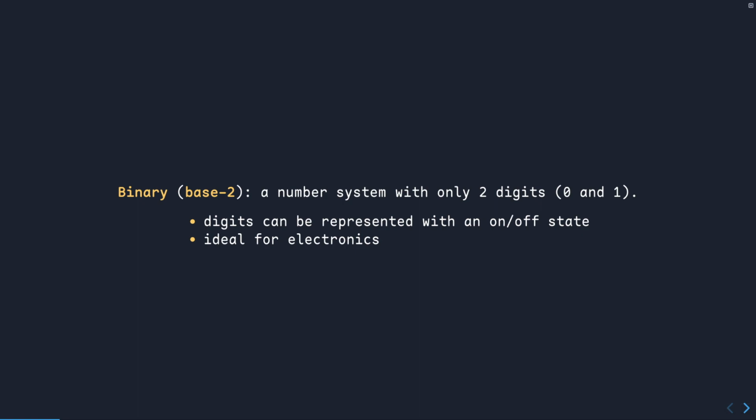We have transistors in large supply, which makes this a very useful tool when building computers, and it has become the basis of all computers in the modern age because of this.